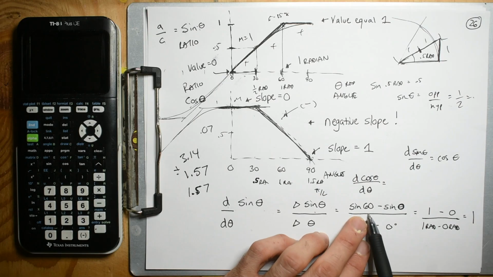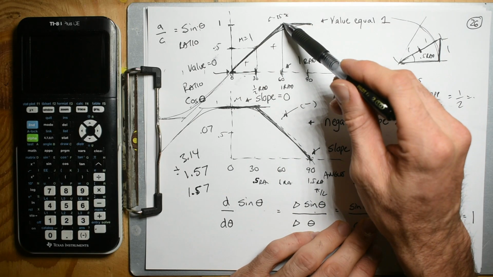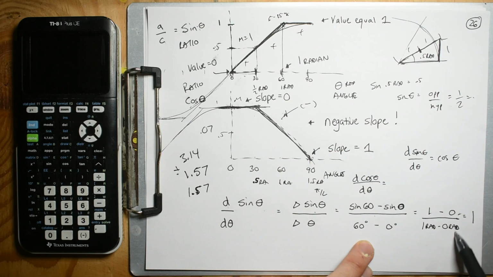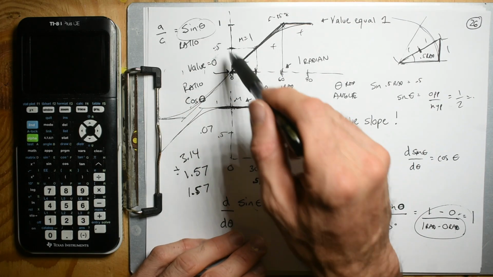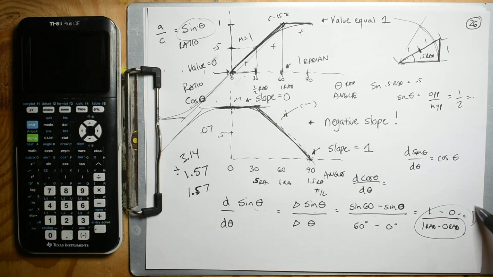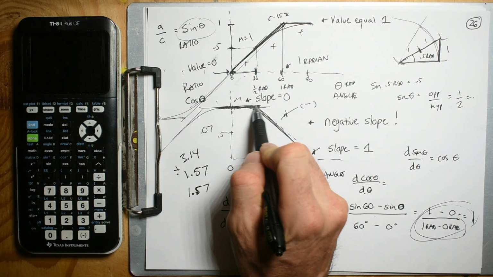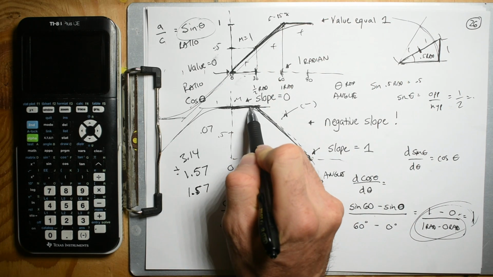The ratio changes from 0 to 1. And then the angle changes from 0 to 1 radian. And so sine stays at a slope of 1 for quite a while. And it's because cosine stays up here for quite a while.